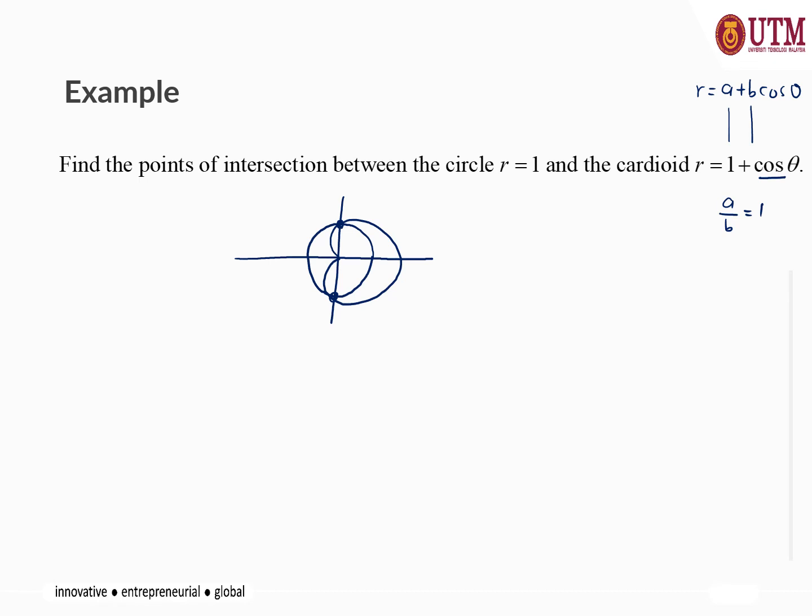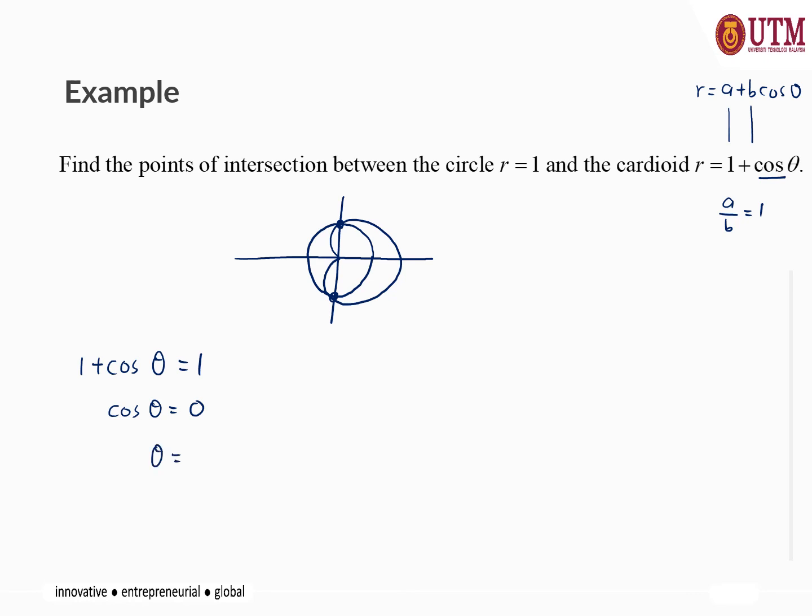So now, how to solve this is that we have to eliminate this r. So it will become 1 plus cos theta equals 1, because r is also equal to 1. So what we can do is cos theta equals 0.